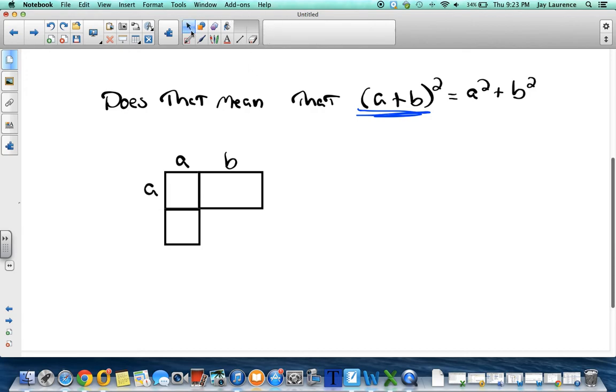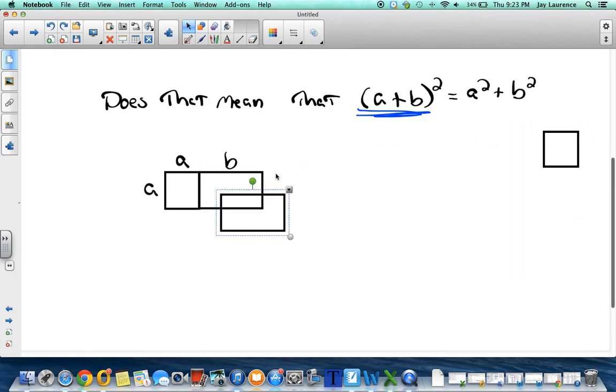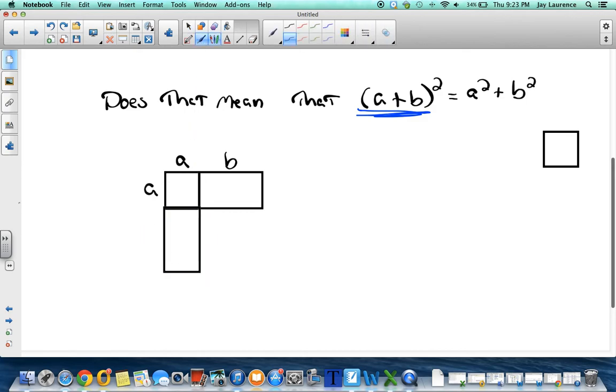Oops, that's a mistake. Excuse me. Get rid of him. Let me clone him and rotate him, because I need an a plus b and an a plus b. I'm multiplying two a plus b's together. That's what this means, right?